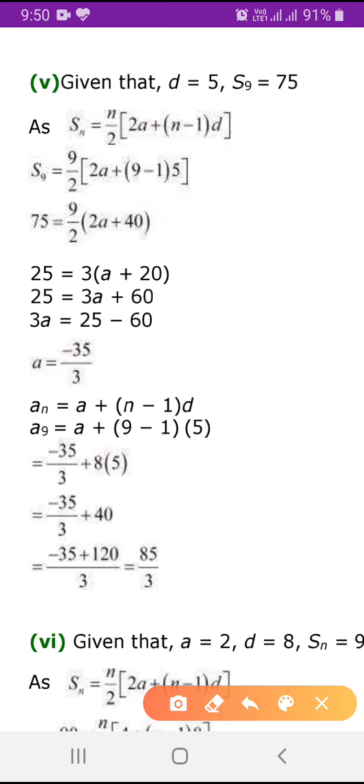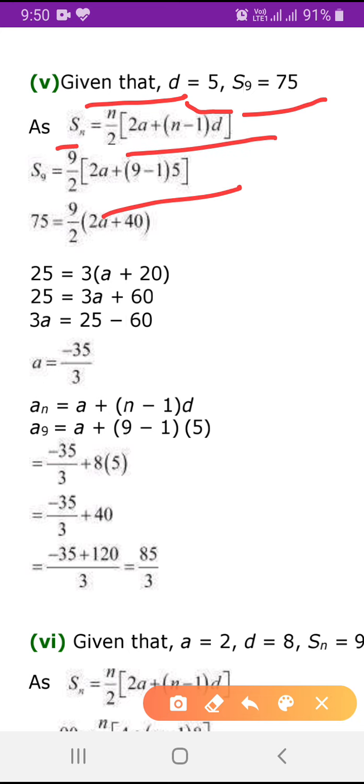Now part fifth is given that d equal to 5, S9 equal to 75. Now Sn equal to n by 2 into (2a plus (n minus 1) into d). Putting the value of d, we get 75 equal to 9 by 2 into (2a plus 40). Now after solving we get 25 equal to 3 into (a plus 20).